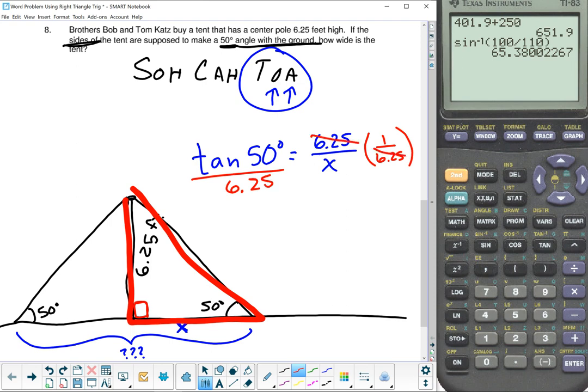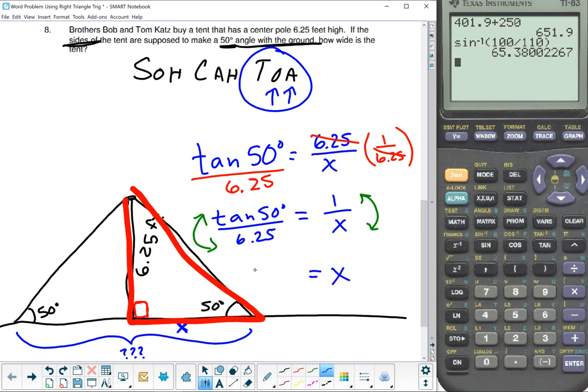These will cancel, and you get 1 over x on the bottom. This side will be tangent 50 over 6.25. Then we take the reciprocal of both sides because we don't want 1 over x, we want just x. So we finally get x equals 6.25 over tangent 50 degrees.